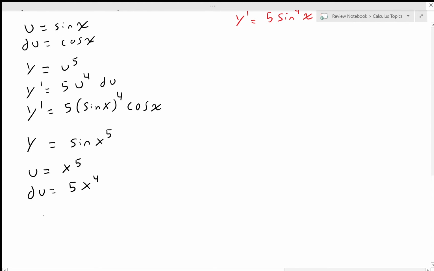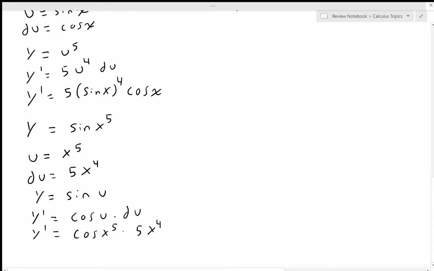Okay, so I'm going to say y equals sine of u, y prime equals cosine of u times du. Plugging it in, y prime equals cosine of x to the 5th times 5x to the 4th.